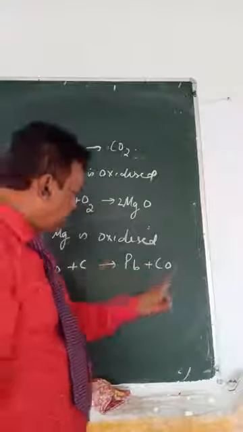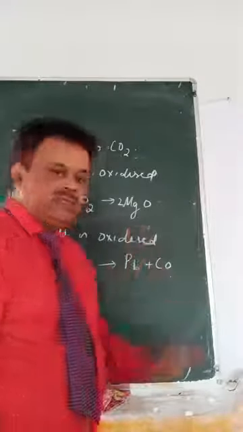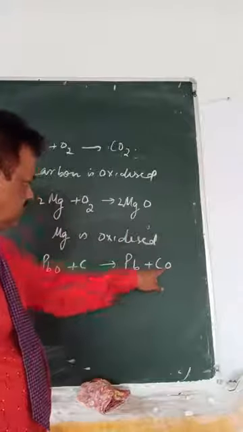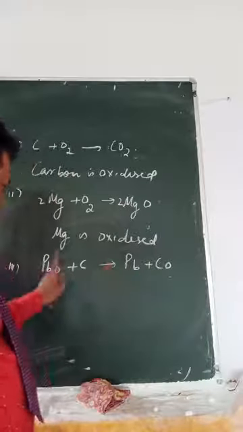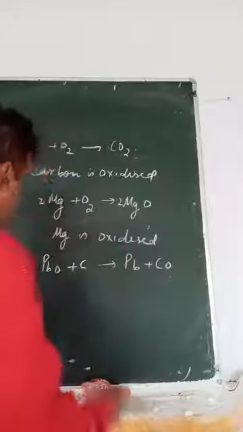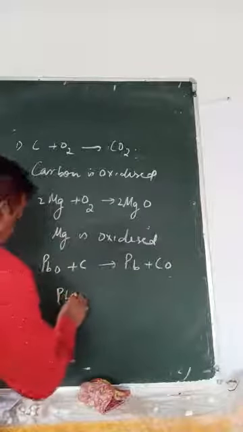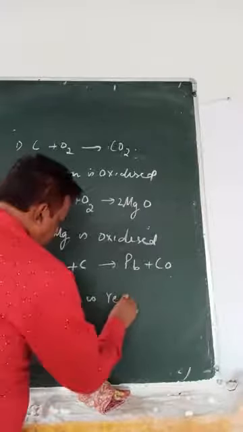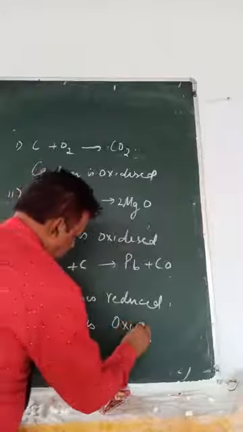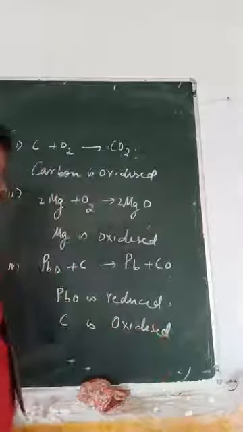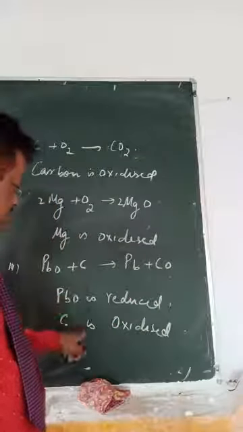Oxygen is removed means PbO undergoes reduction, and carbon undergoes oxidation, because oxygen is added to carbon. So PbO is reduced to Pb, and carbon has become carbon monoxide, which means carbon is oxidized.